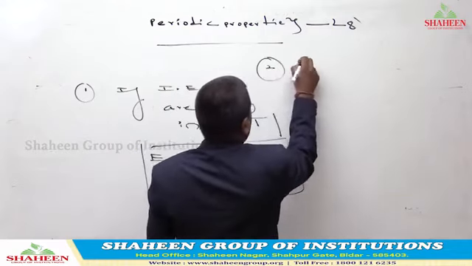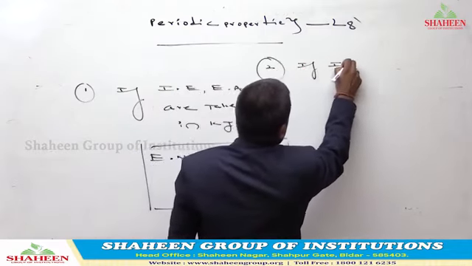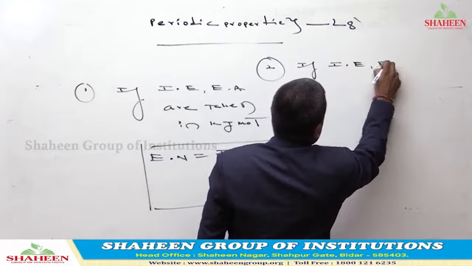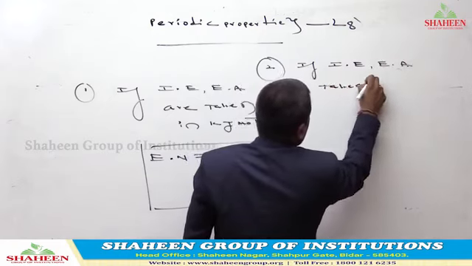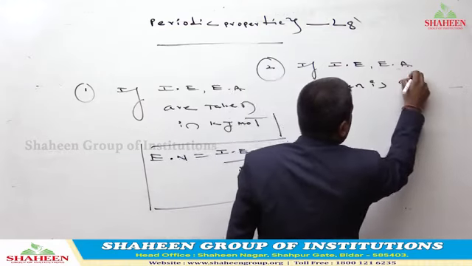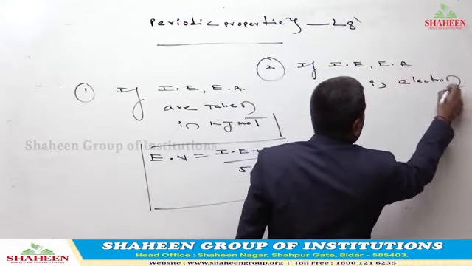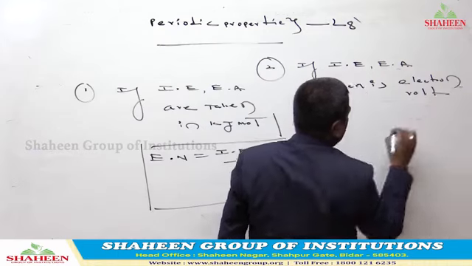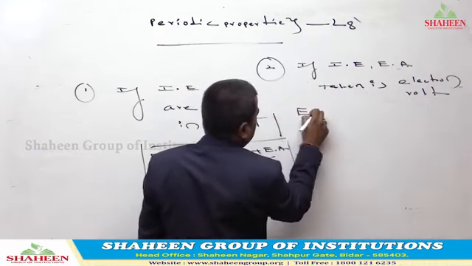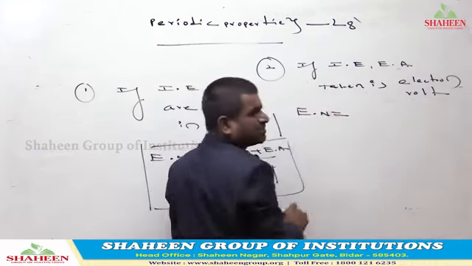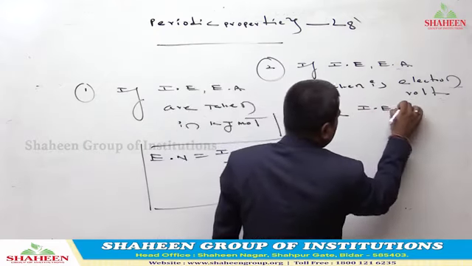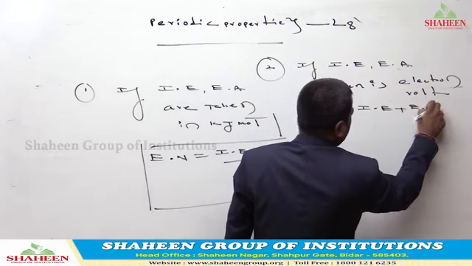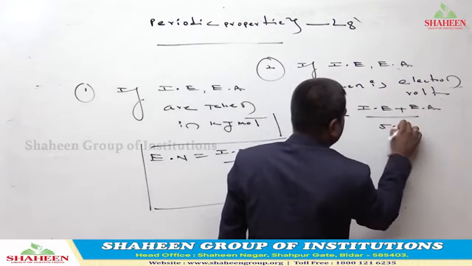Second point, if IE, EA are taken in electron volt, then electronegativity of an atom is calculated by using this formula: ionization energy plus electron affinity divided by 5.6.